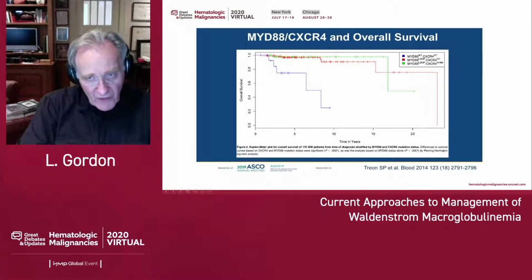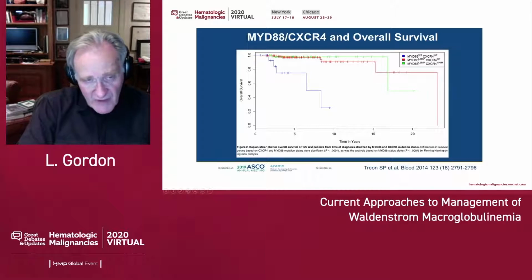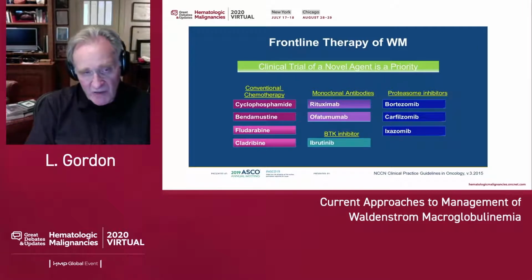And those patients who have a MYD88 mutation with wild-type CXCR4 in red maybe do the best, and those patients who have a MYD88 mutation and a CXCR4, so-called WHIM mutation, may be similar, or maybe a little bit better for 15 months and then drop off. So there's some variability, but I think importance of those mutations in the outcome of patients with Waldenstrom's.